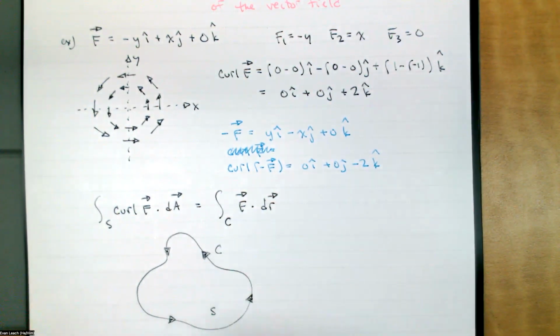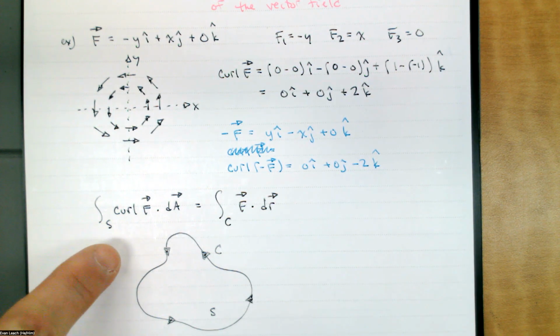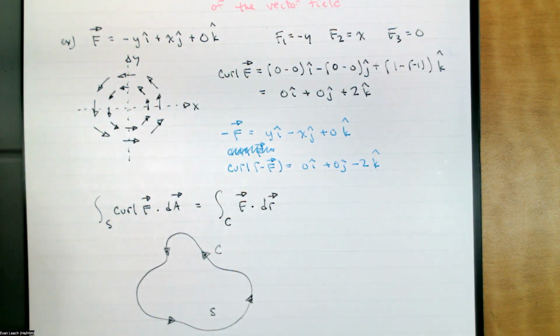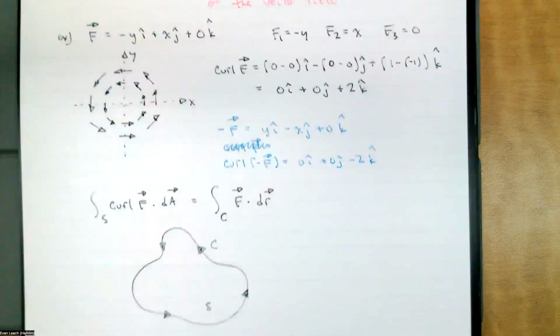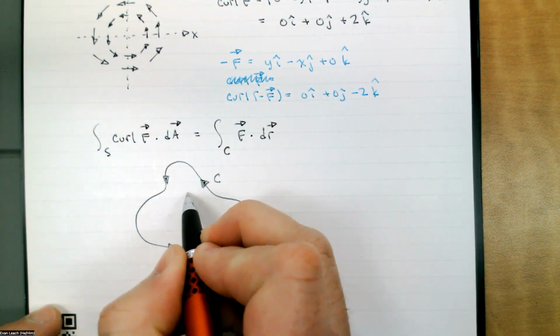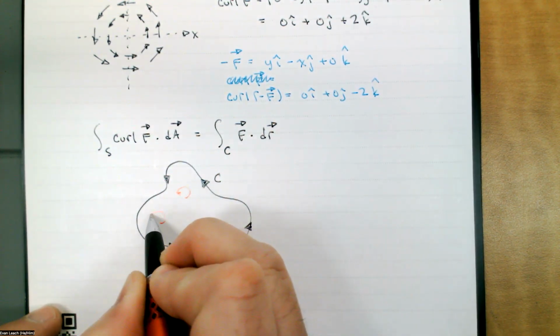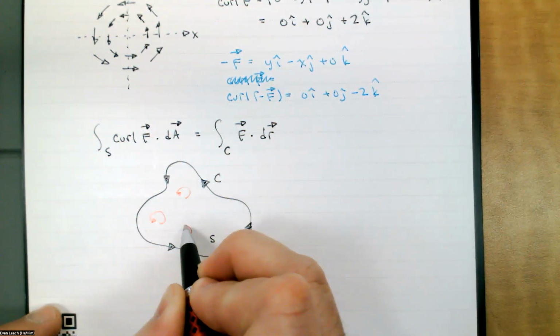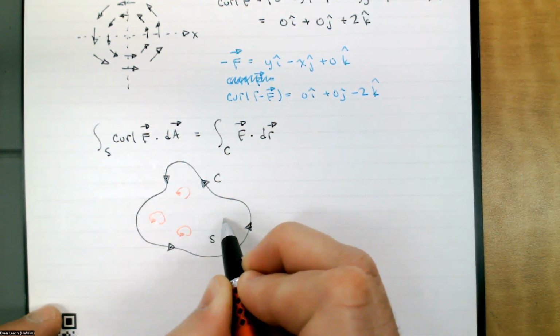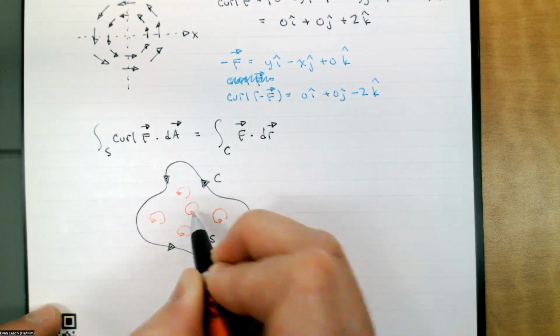That's our boundary C. What we're calculating at all the points on the surface is how swirly the vector field is. So at each little piece of area, we're calculating how much it's swirling around, and we're just adding up all this swirliness at all these points.